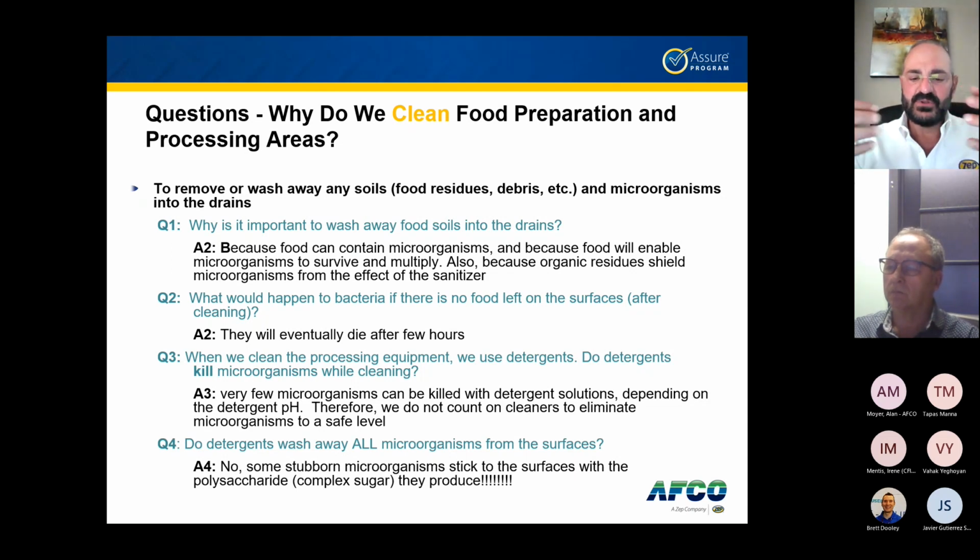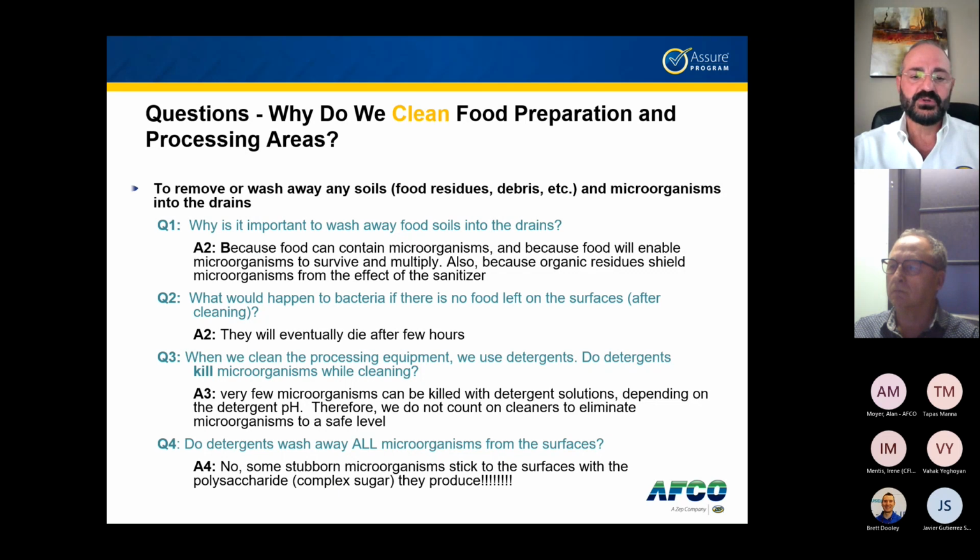Then when you rinse with water after you foam or clean the surface with the detergent, all these food residues and microorganisms, most of them, are washed away from the surface of the equipment. So detergents do not kill microorganisms. They wash them away from the surfaces into the drain, but not 100% of them, most of them. That's why we come back and do the sanitizing step, which we will be talking about.